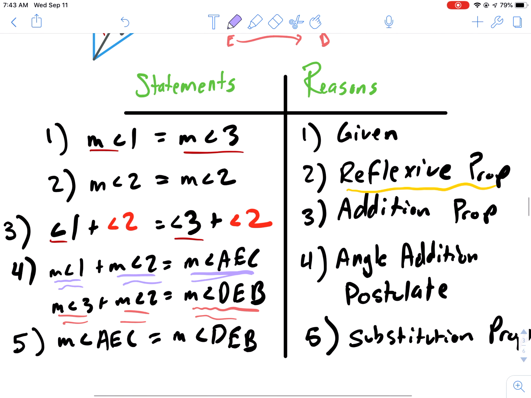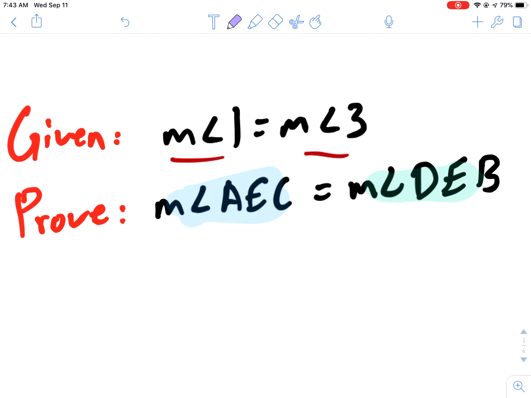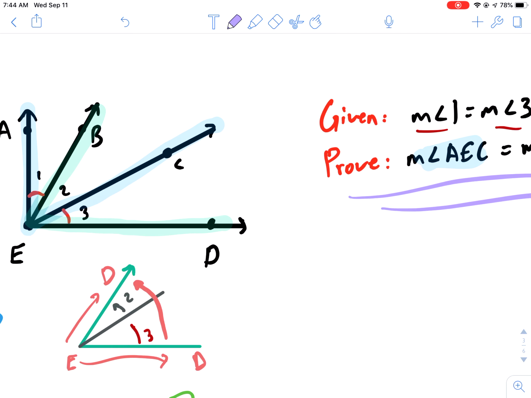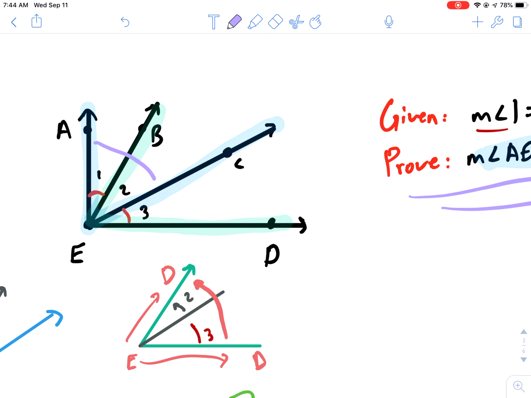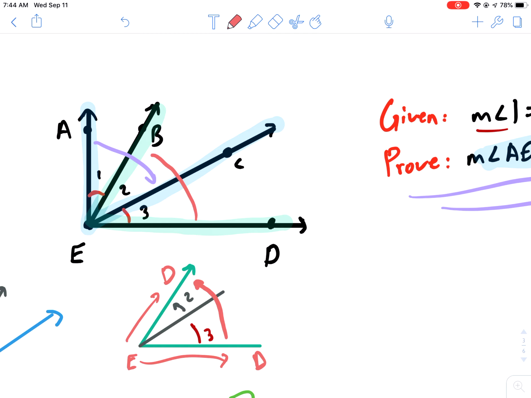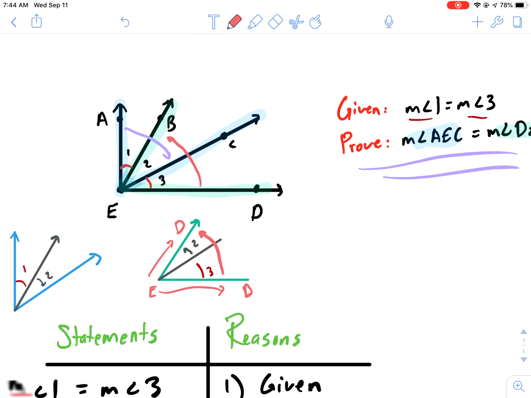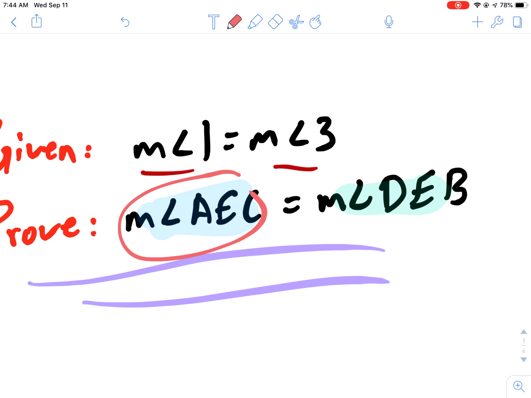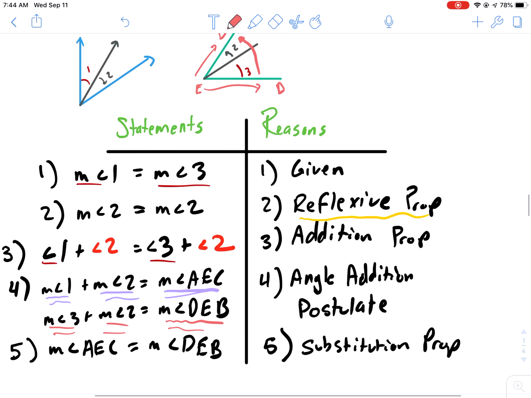Now, final step. Remember, we're trying to get to this final step here. We're trying to prove this. So we need to prove that this blue angle here is equal to this green angle here. So we need to somehow get everything in terms of these two angles by the time we're done.